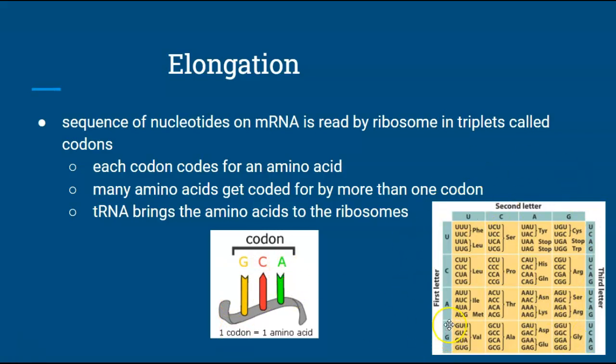My first letter is G, so I'm down here. My second letter is C, so now I'm in GC, so I'm right here. And my third letter is A. And as you can see in this whole square, it doesn't even matter, right? All of these code for ALA. That amino acid is alanine. Cool. So that tRNA is going to bring an alanine.